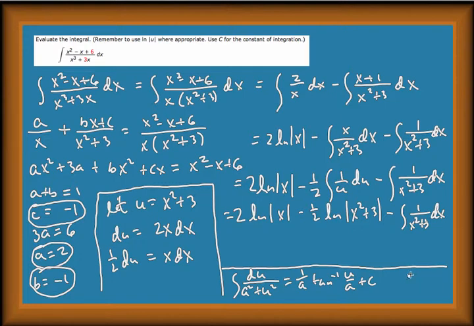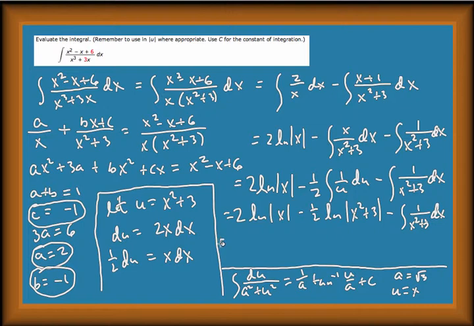All right, a is my constant, so if a squared is 3, that means that a is going to be the square root of 3. And u is going to be x.